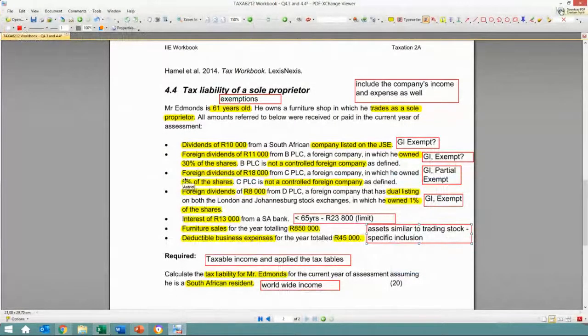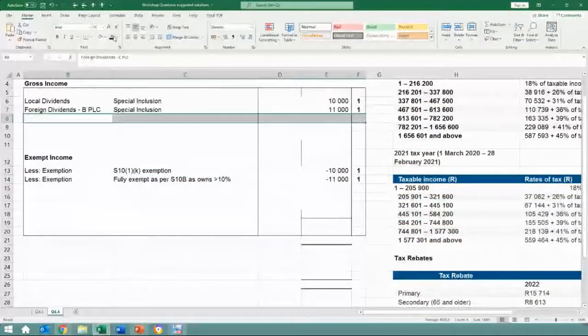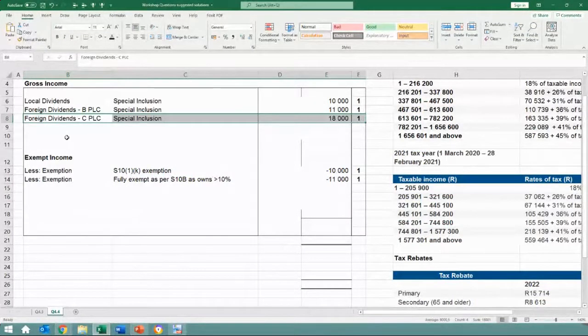Then if we look at the next set of foreign dividends, which is 18,000, here we tell you we only own 5% of the shares, which is less than 10%, and it's not a foreign controlled company. So now we know we won't have a full exemption, we only have a partial exemption. And based on the rules for a partial exemption, we would have to look at what type of entity we have.